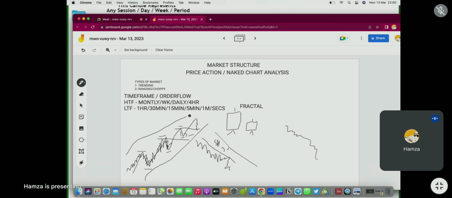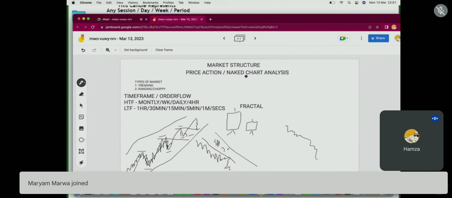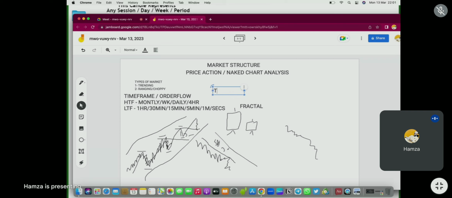Of course, taking advantage of the fractal nature of price, doing what we call a top-down analysis, starting from the higher time frame to lower time frame. On the higher time frame is where you conduct your naked chart analysis. And the lower time frame is where you execute. So all in all, they call that top-down analysis. Putting together high time frame narrative plus the lower time frame narrative to make a perfect trading decision.